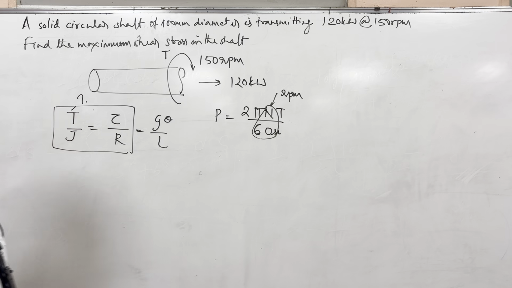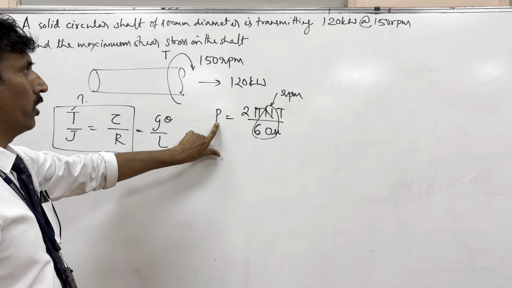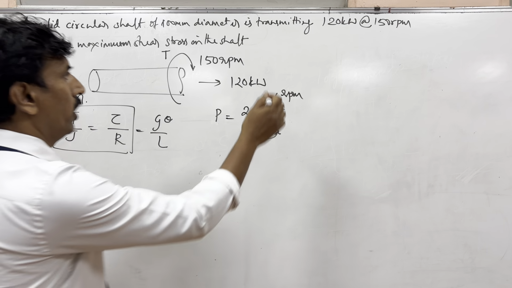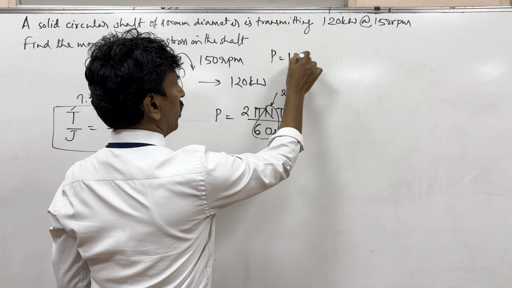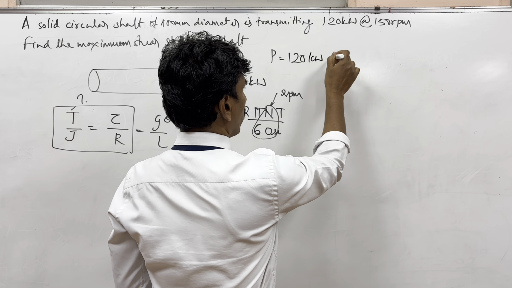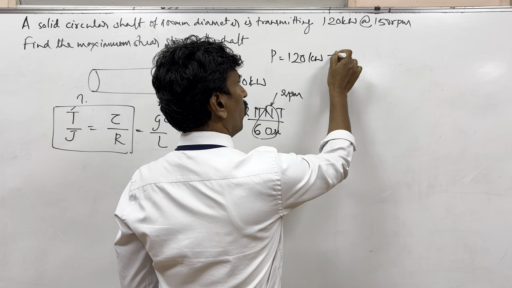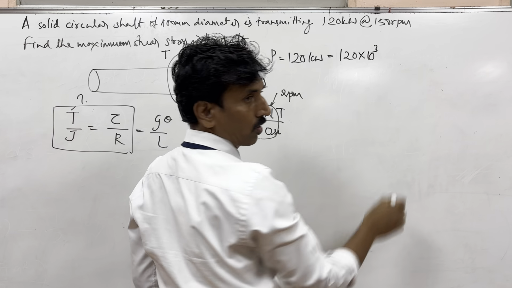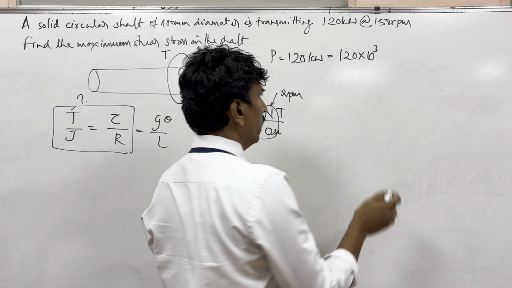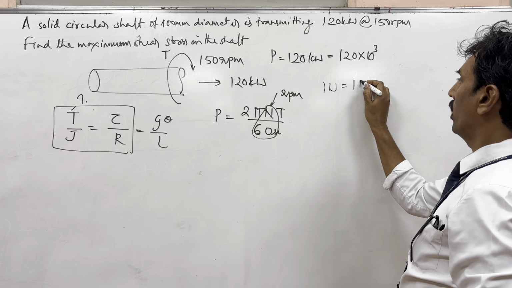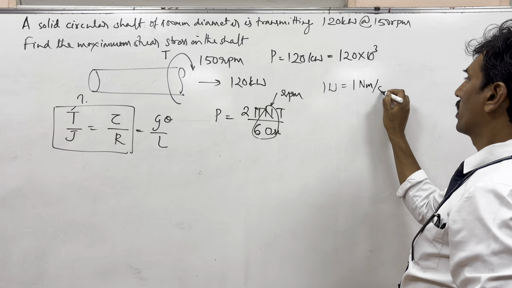Now I'm substituting power here. Power is 120 kilowatts. 120 kilo is 10 to the power of 3. One watt is nothing but 1 Newton meter per second.